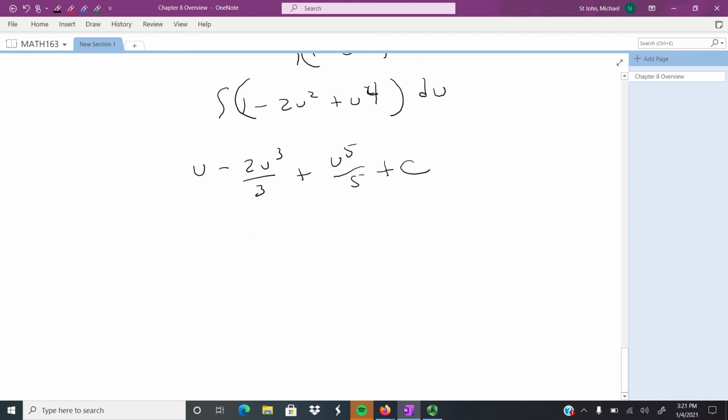And then the last step is to substitute. So we get sine x minus 2 sine cubed x over 3 plus sine to the 5th x over 5 plus c. And so we get that.